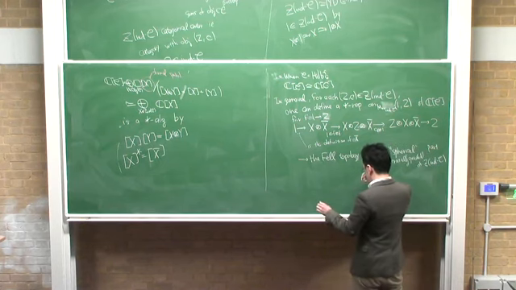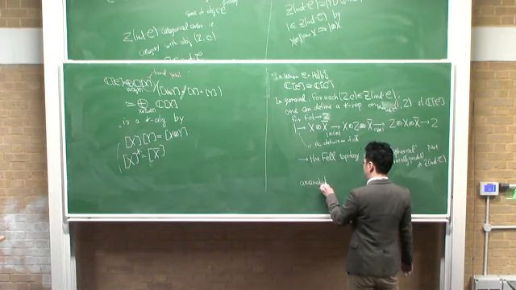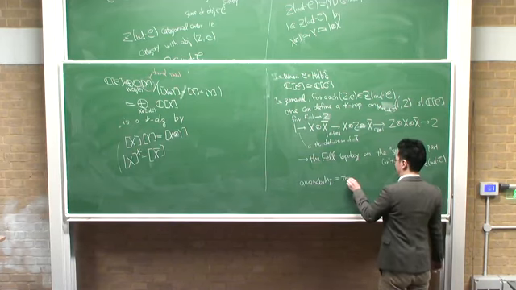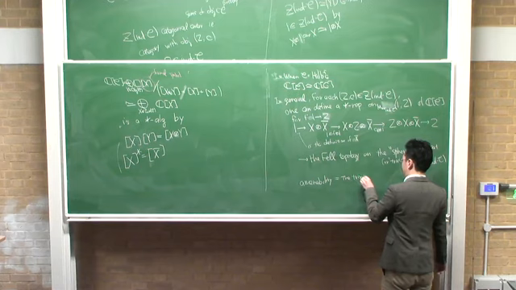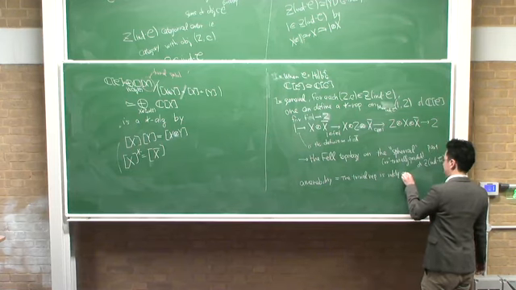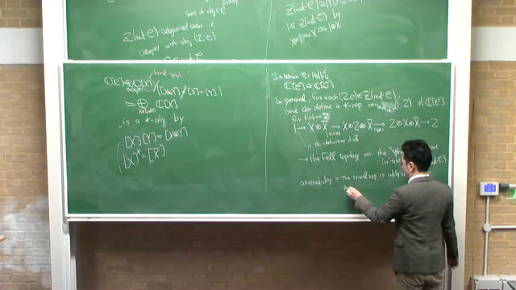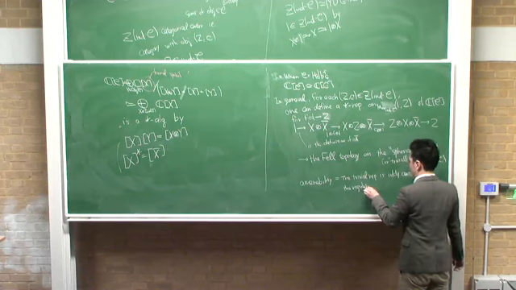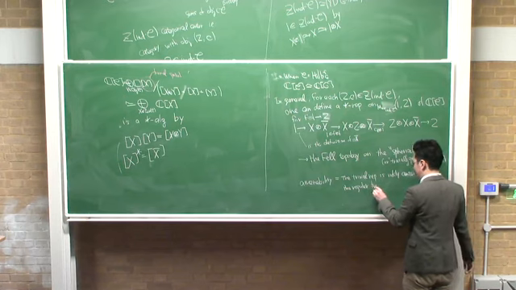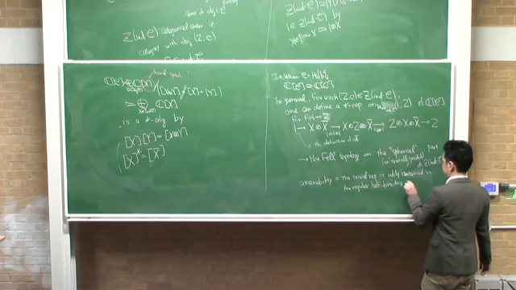Amenability is nothing but the trivial representation being weakly contained in the regular representation.